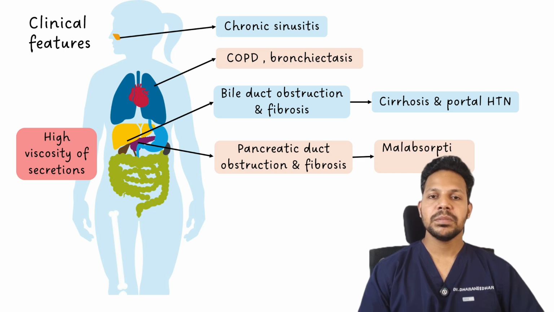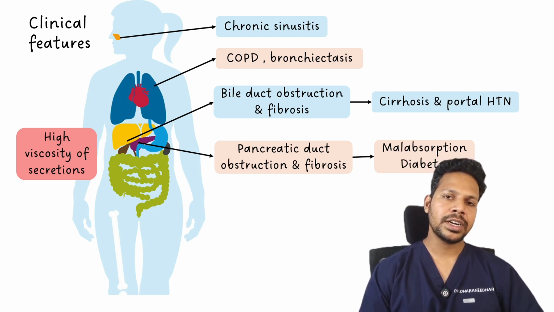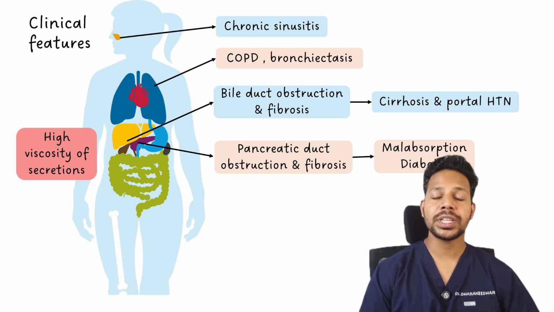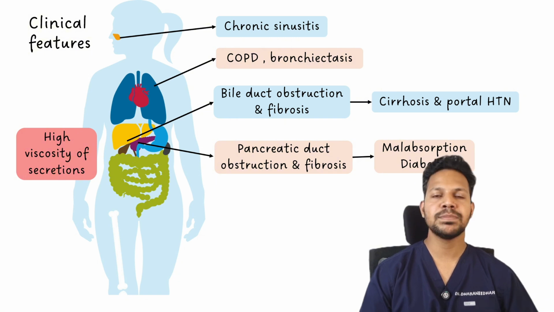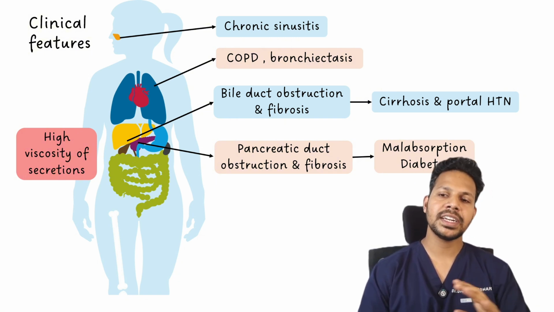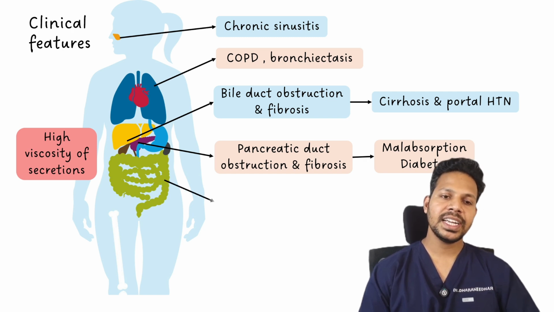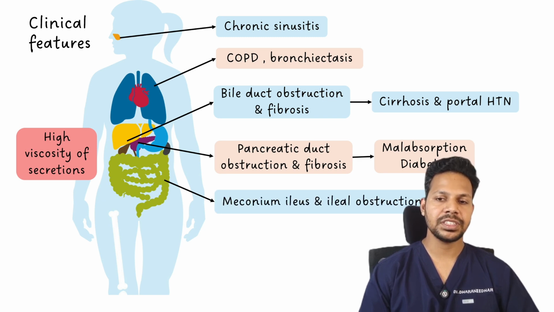And so when the pancreas undergoes atrophy or fibrosis, the patient will have both exocrine pancreatic deficiency and endocrine pancreatic deficiency. Exocrine pancreatic deficiency will result in malabsorption in the patient with steatorrhea, whereas endocrine pancreatic deficiency will result in diabetes in the patient. And intestinal secretions, when they become quite thick, the child will develop meconium ileus and the ileal obstruction.